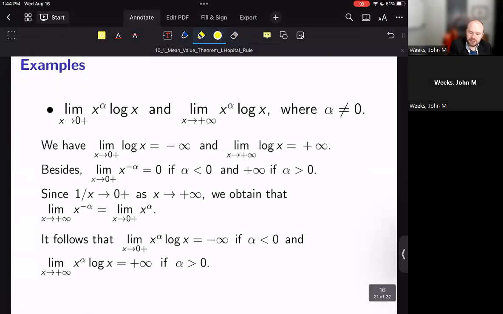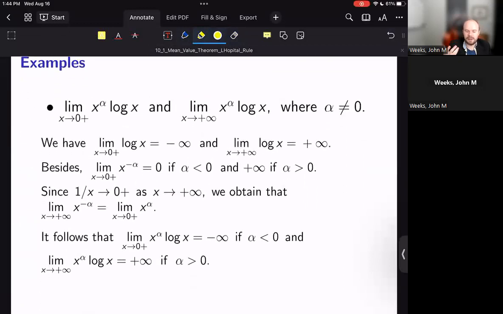We could also prove theorems dealing with x to the alpha log of x, either going from 0 to the right or going off toward infinity. And here you can see us walking through each of those. Notice that we start by looking at something and saying, wait, this is not actually in the form 0 over 0 or infinity over infinity.